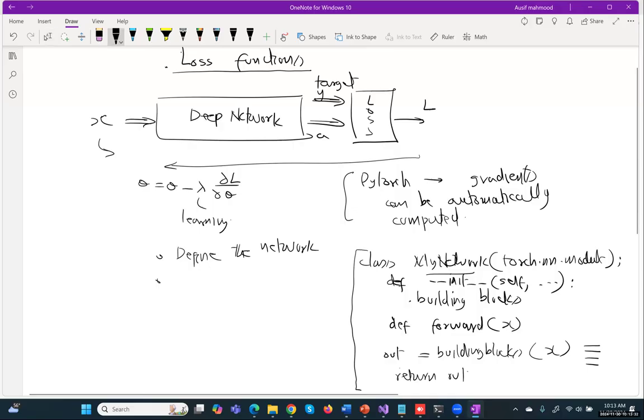Okay. We also have to define an optimizer so that it can decide how the learning rate should be changed.